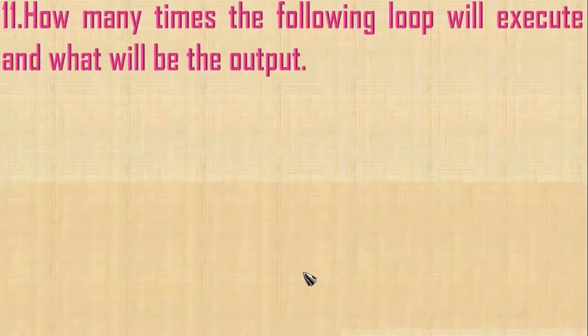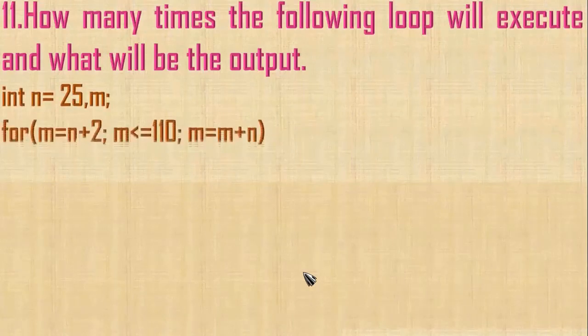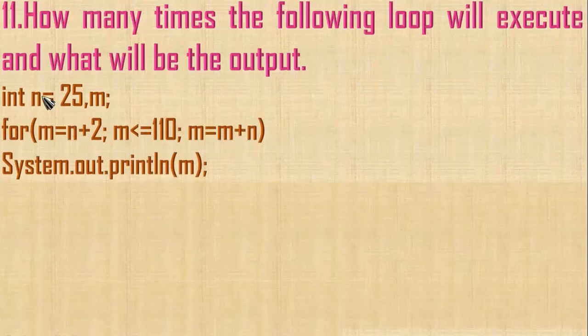How many times will the following loop execute and what will be the output? Here n is initialized as 25, m is given inside the for loop, m is equal to n plus 2. Then m is lesser than or equal to 110, m is equal to m plus n, it is incremented. So it prints m every time.